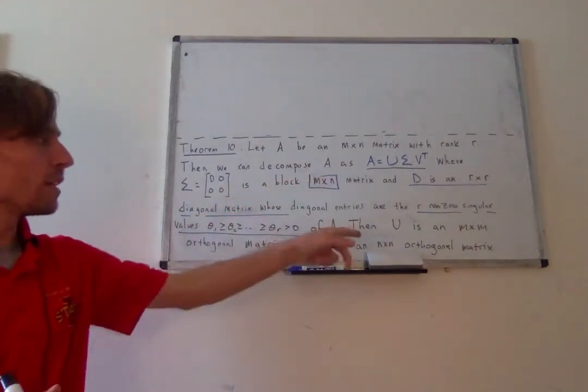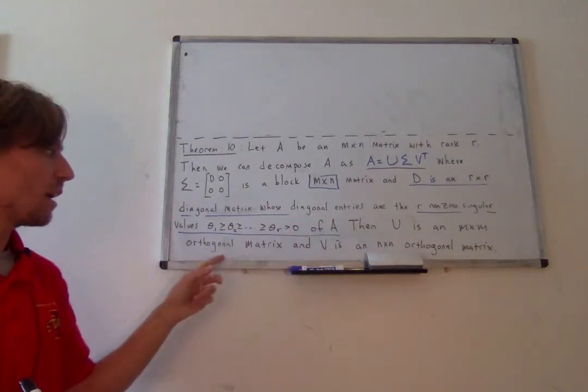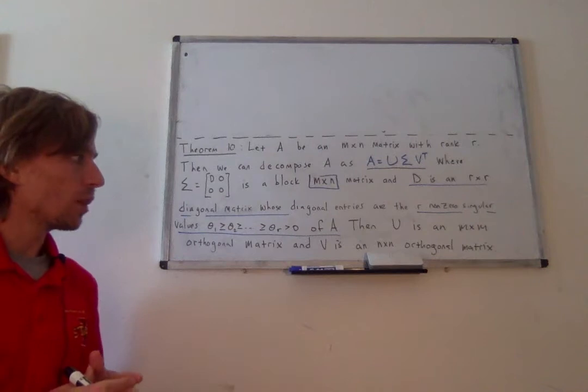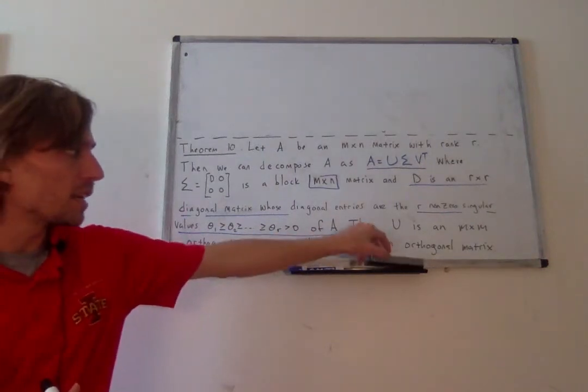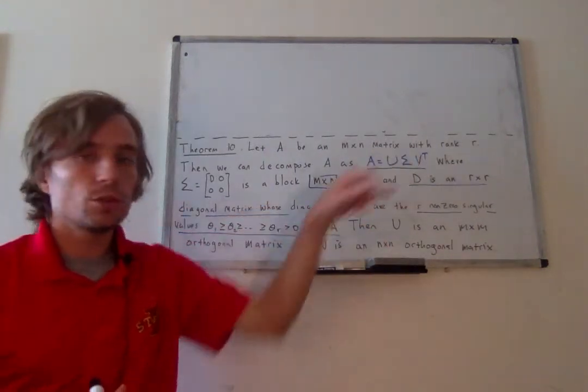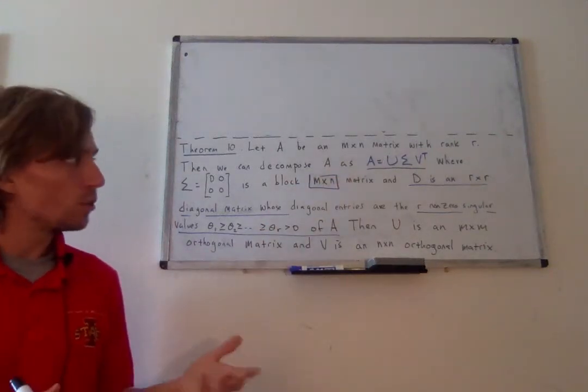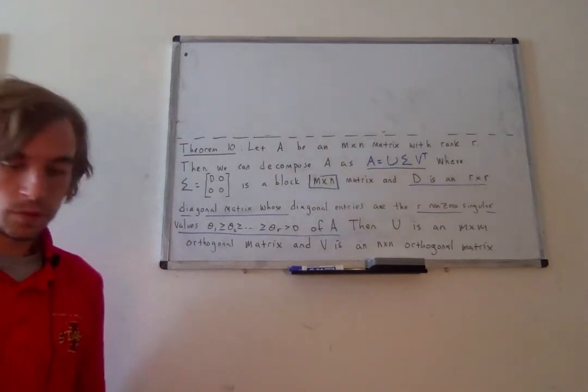And so if we decompose A in this way, then we can guarantee that U is an m by m orthogonal matrix, and V is an n by n orthogonal matrix. And so remember, this last statement actually means that V transpose and V inverse are the same matrix. So this could alternatively be written as U times sigma times V inverse.